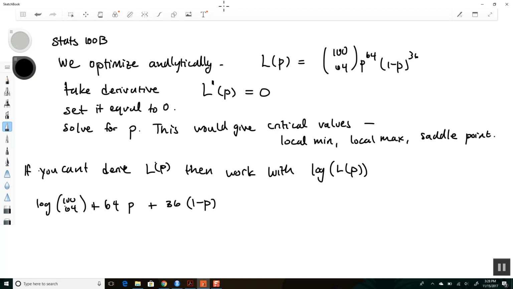All right, and you solve this and you find p is equal to 64 over 100, right? Or you take 64 log of p and log of this, and you take the derivative of that, and then you get p hat equal to 64 over 100. Okay, so you did that analytically.